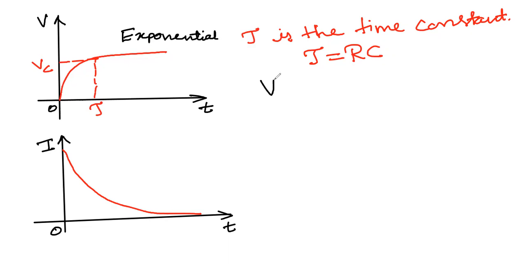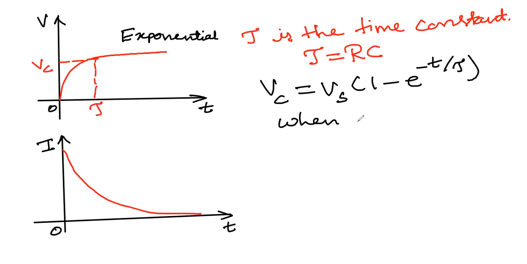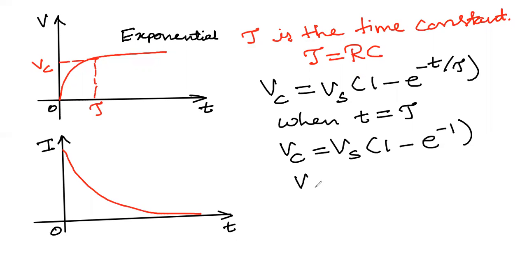The expression is Vc is equal to Vs times (1 minus e to the power minus t over tau). When t is equal to tau, we have Vc is equal to Vs times (1 minus e to the power minus 1), or Vc is equal to Vs times (1 minus 0.37), because e to the power minus 1 is 0.37.